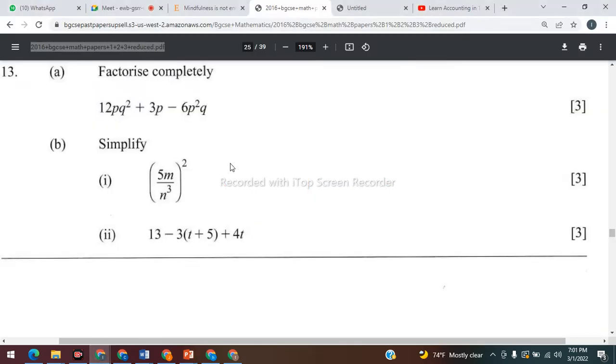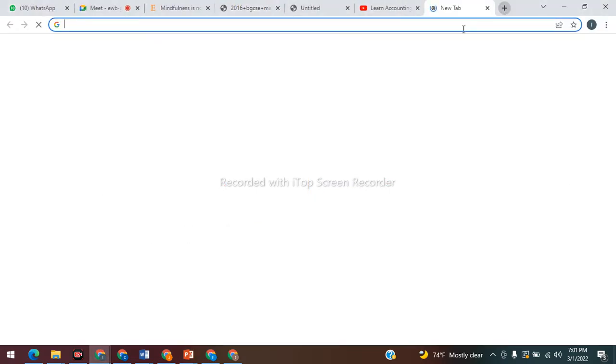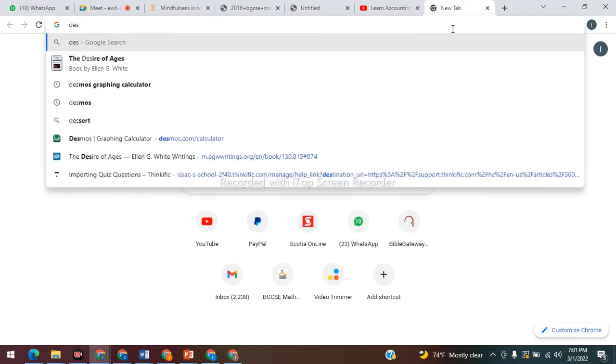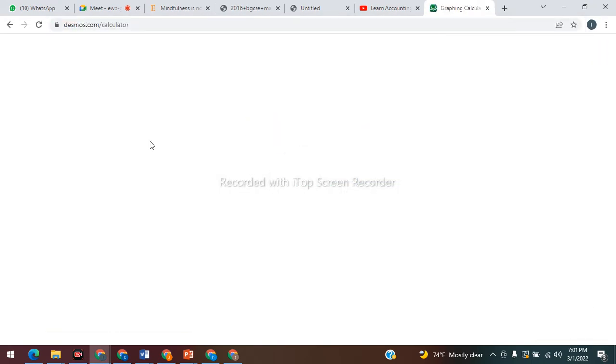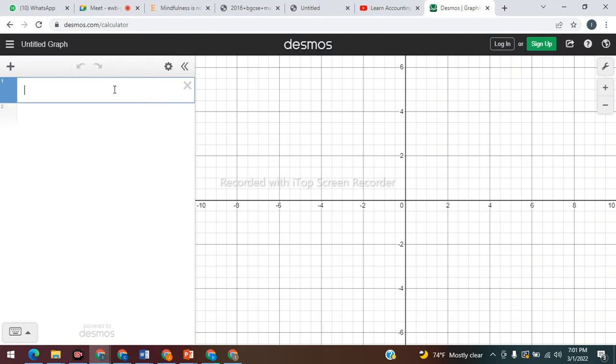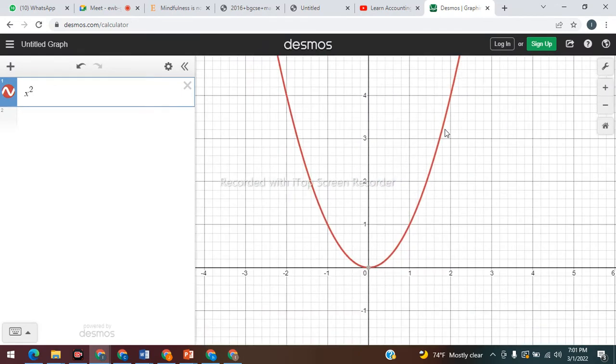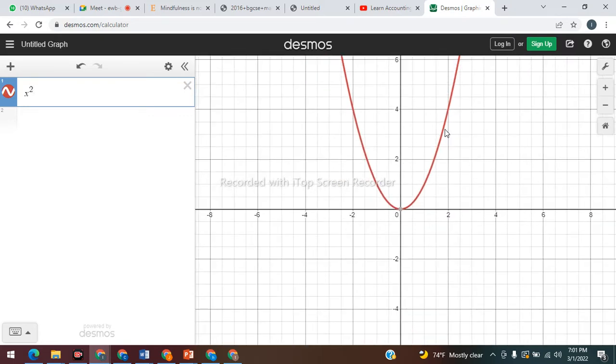So let's go to Desmos. If we have x squared, you see it looks like a parabola, right? A U shape. Yeah, that's a parabola.